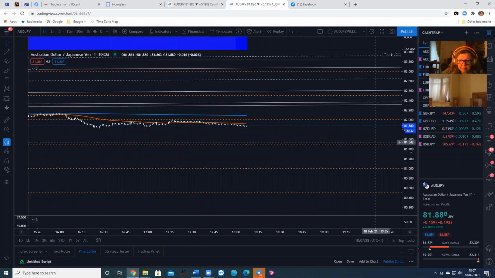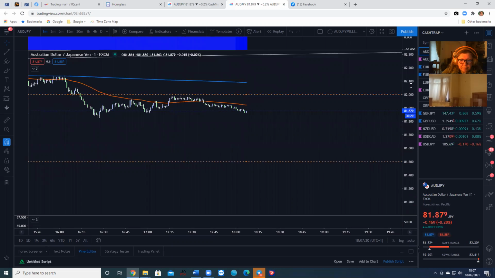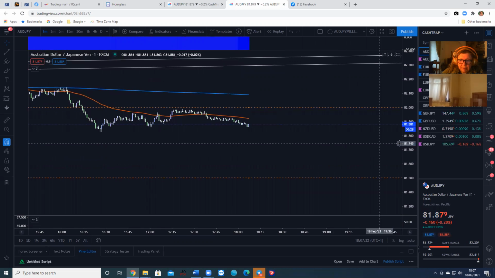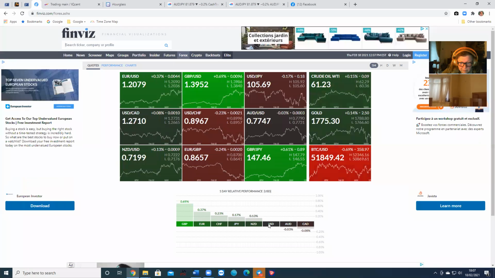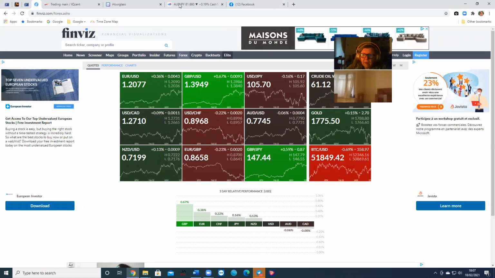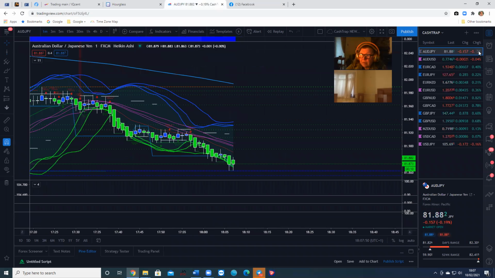Look on the 1 minute. So JPY is selling. Yes, which is reflected in the currency strength meter, but we won't take that because, technically, I should take it off my CASHTRAP so it doesn't confuse us.